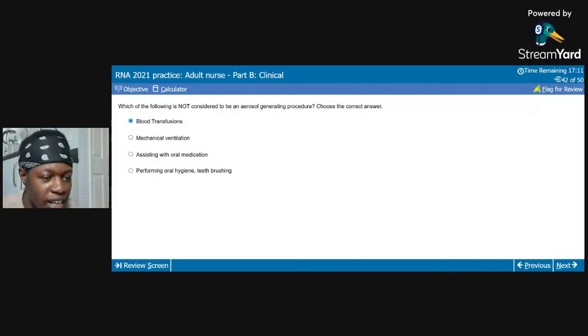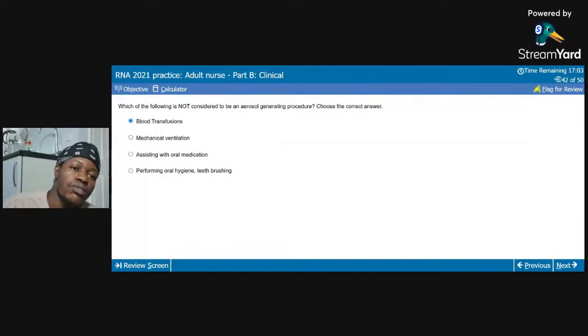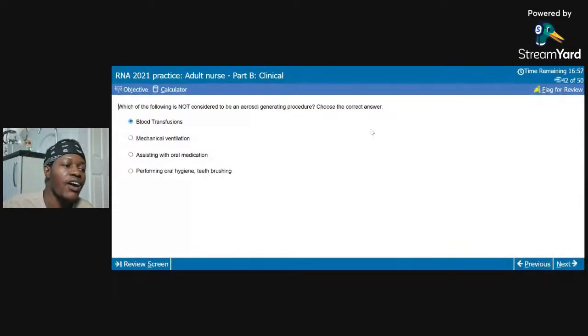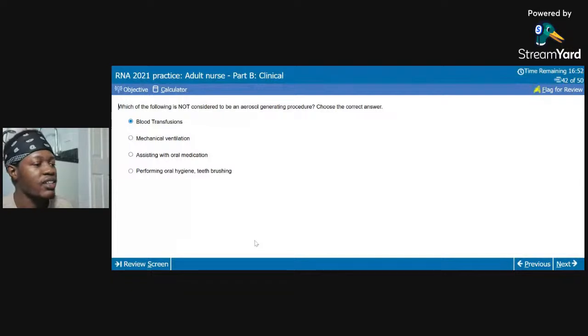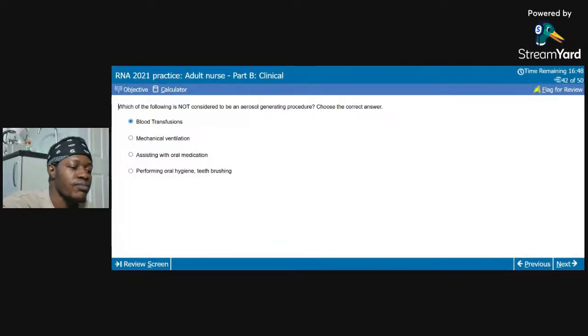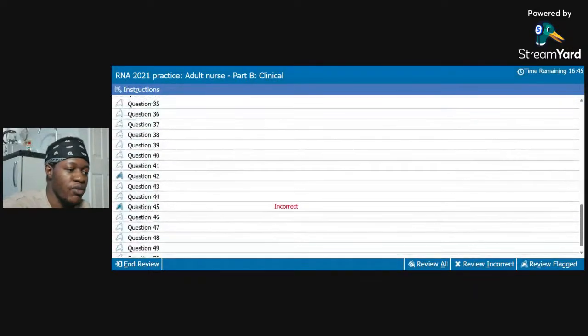So it is any medical or care related procedure that produces tiny airborne particles. Oh, okay. Airborne particles capable of carrying infectious agents. Okay. I said bodily fluid. That was why I chose the wrong answer. So that is sorted, and then we have one more to go.